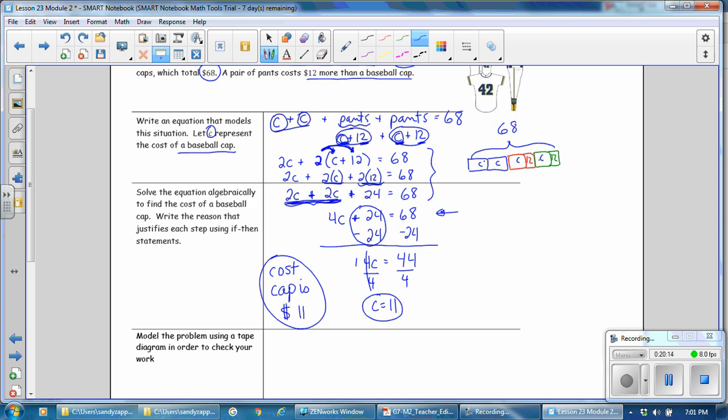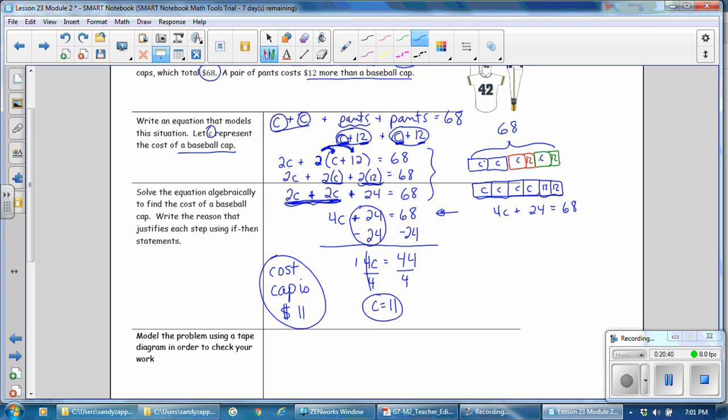Then let's reorganize our bar so that we have the caps on one side and the constants on the other. So we'll have $12 on the end here, and then the 4 caps here. This is the 4 caps plus the $24, and we know that that equals $68.